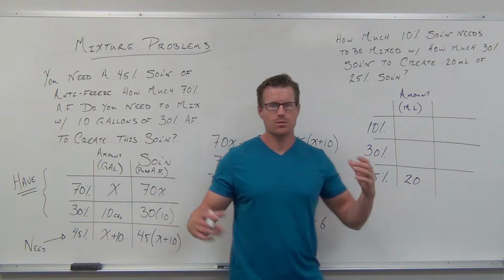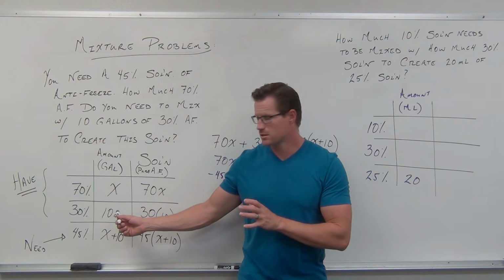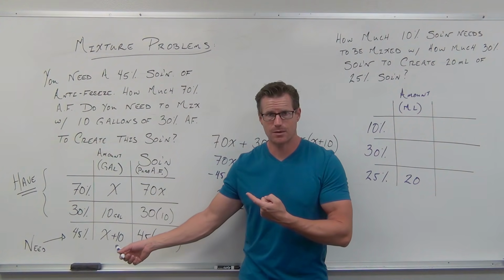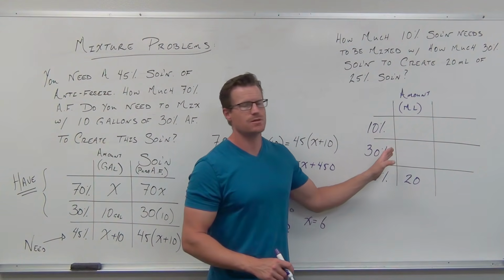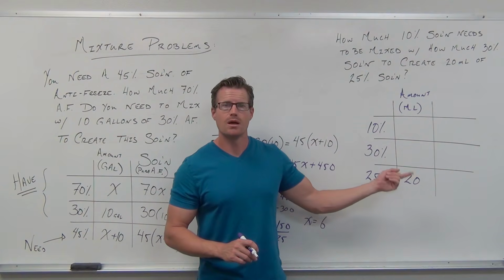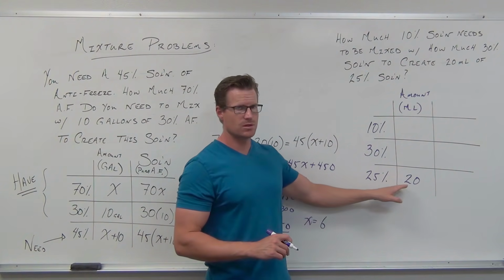Now, the way that we fill in the rest of the table, this one I think is easier because you have an amount already. You don't know an amount. They have to add up. This one is very, very similar to the distance equals rate times time video that I had you do last time. That's why I wanted you to watch it first. Because here's the deal.